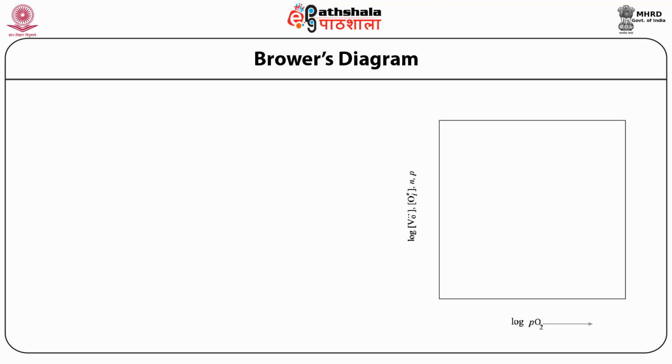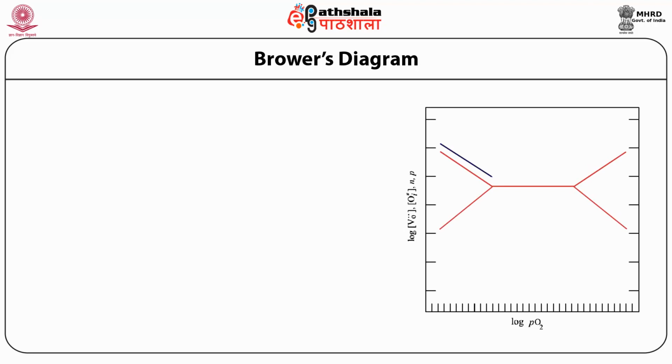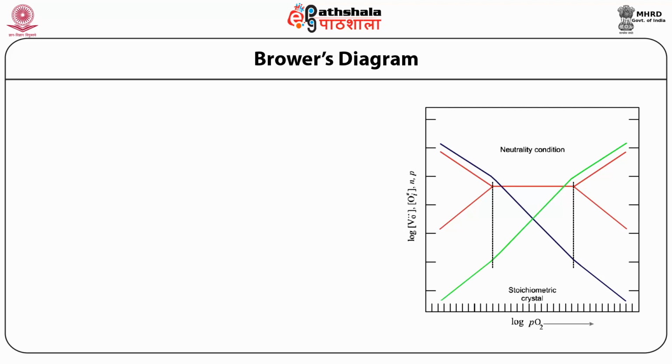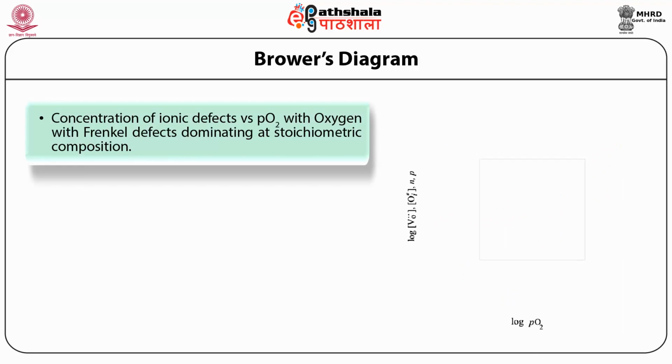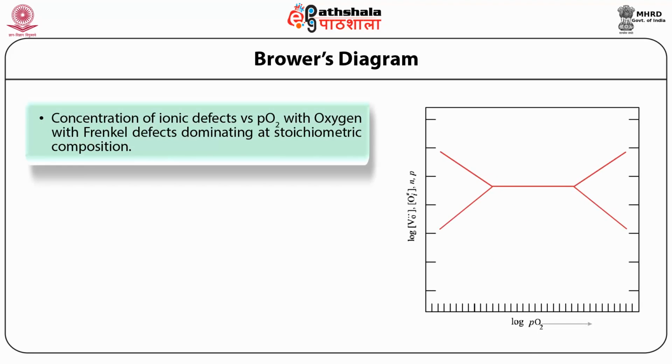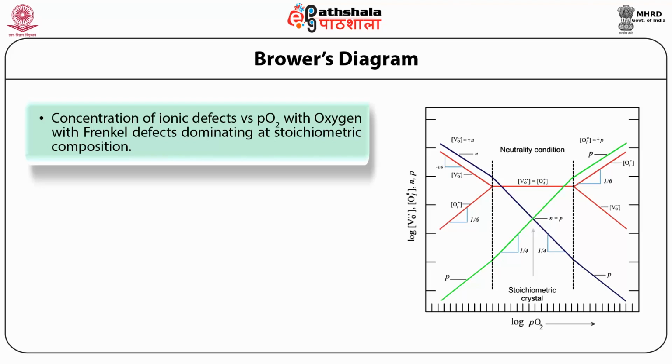As we have discussed in the previous slide, the limiting conditions of oxygen partial pressure separating three regimes of oxygen pressure, with various concentrations of defects as a function of partial oxygen pressure, can be obtained, and this results in Brouwer's diagram. So let us discuss this diagram for the first case, that is Frenkel defects dominating at stoichiometric composition.